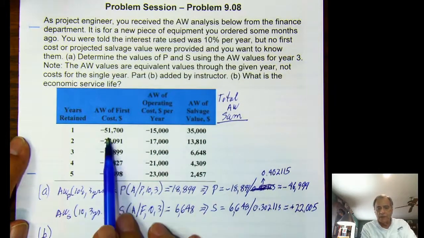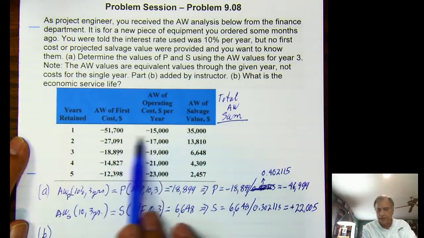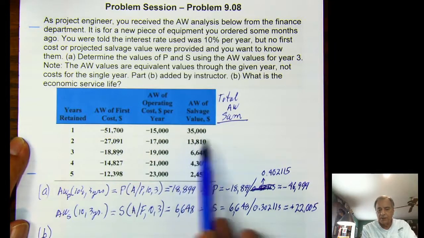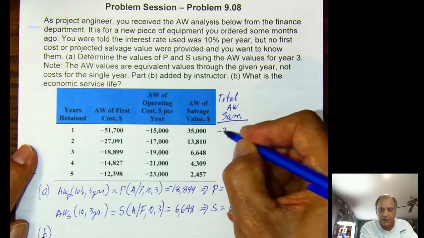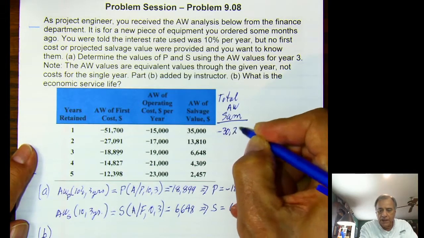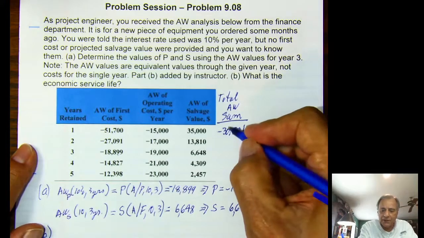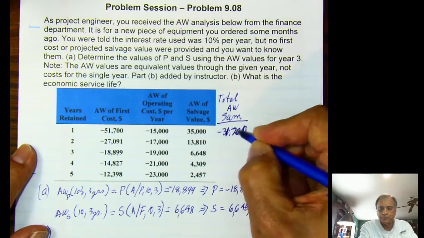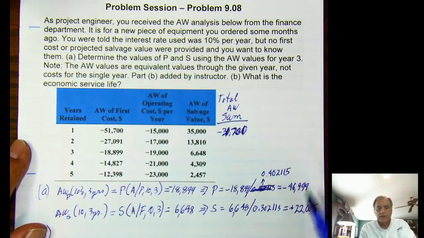If I add these two to get a minus 66,700 and then subtract 35,000, I get minus 31,700.